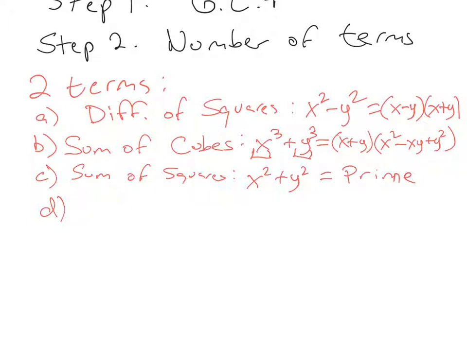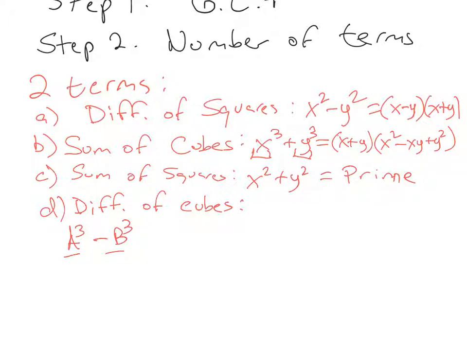What's the last one? We have sum of cubes, sum of squares, difference of cubes. That one looks like a cubed minus b cubed. So both of these are going to have to be perfect what? Cubes.